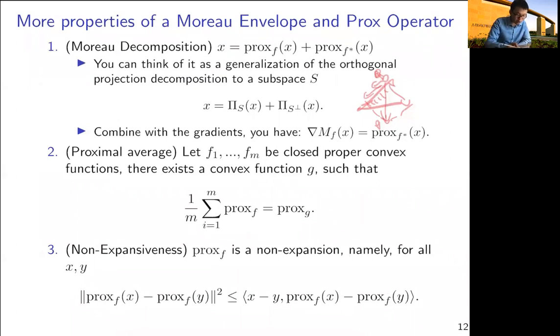This kind of thing can be applied beyond projection, and you can do this for any proximal operators and with any pair of conjugate convex functions f and f star.